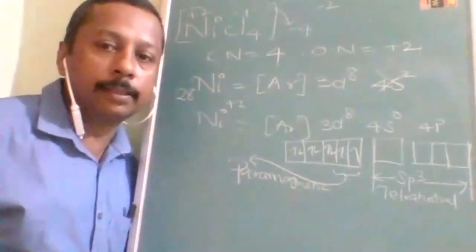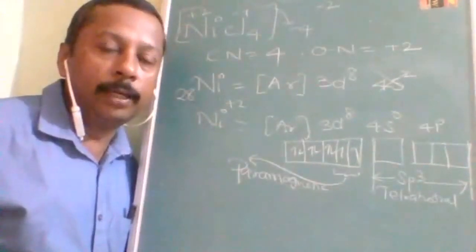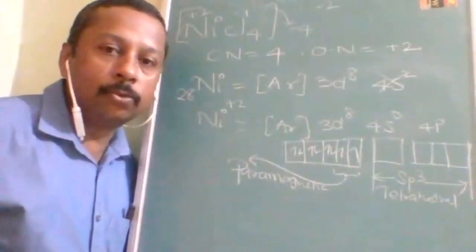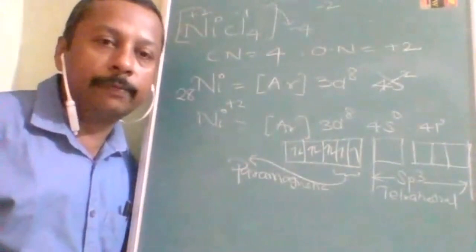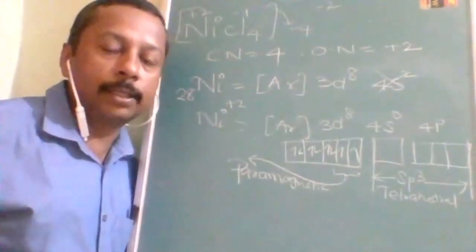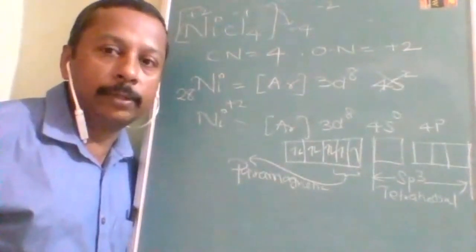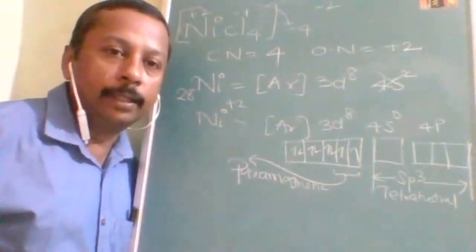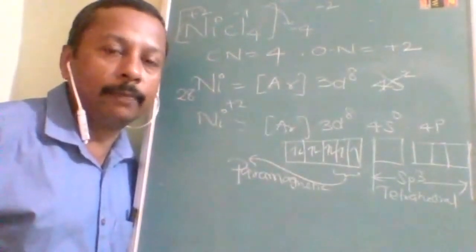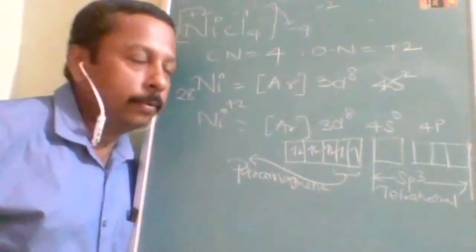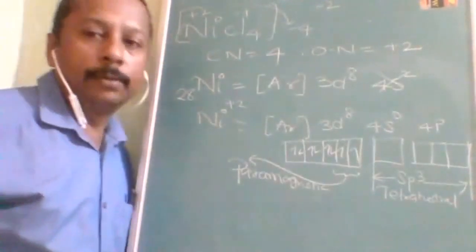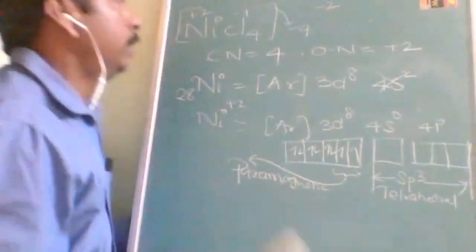Strong field ligand means that when it approaches the metal, the field is so strong that the electrons are scared of it. So they will try to go back to the original places when they see that ligand. That ligand is none other than CN.